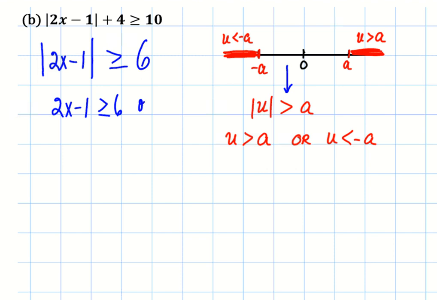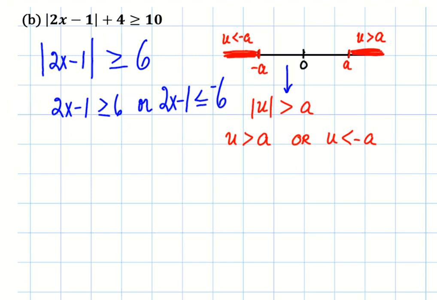Now when we rewrite it again, let me rewrite that. I have 2x minus 1. Now we're going to change the inequality to less than or equal to, and this becomes a minus 6.